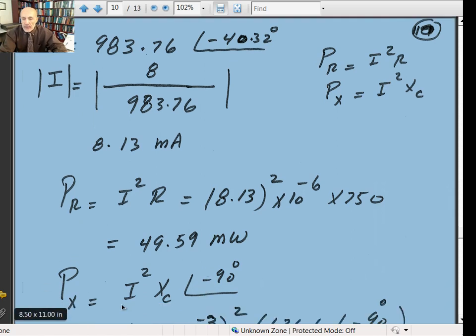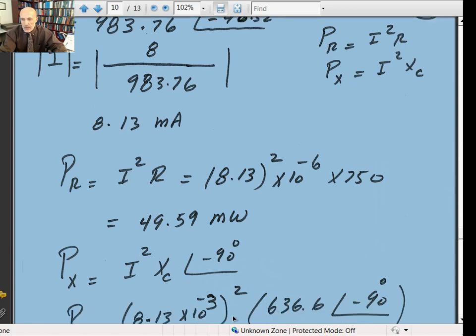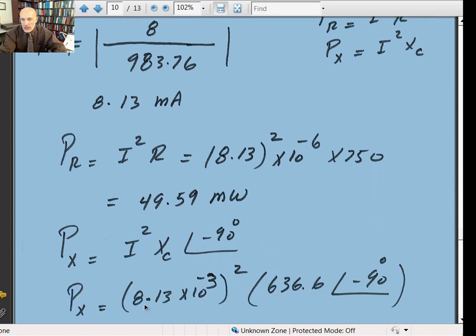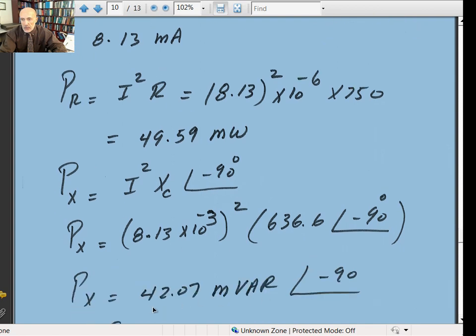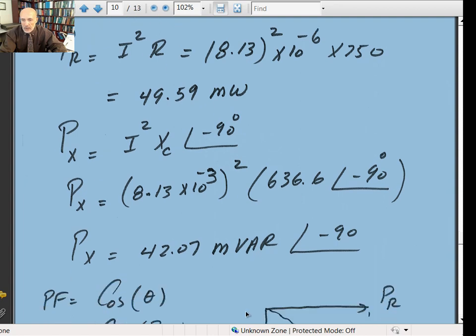And then the reactive power would be I squared times X_C at an angle of minus 90 degrees. Again, it's 8.13 times 10 to the minus 3 quantity squared times 636.6. That gives you 42.07 millivolt-ampere reactive at an angle of minus 90 degrees.